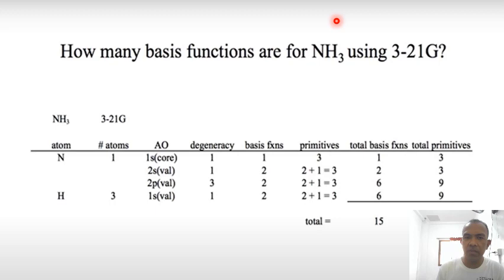This is a valence orbital, and valence orbitals are represented by one or two basis functions. So there are two basis functions. How many primitive functions are there in those basis functions? For hydrogen there will be a tight one made of two primitives and a loose one made of a single primitive.